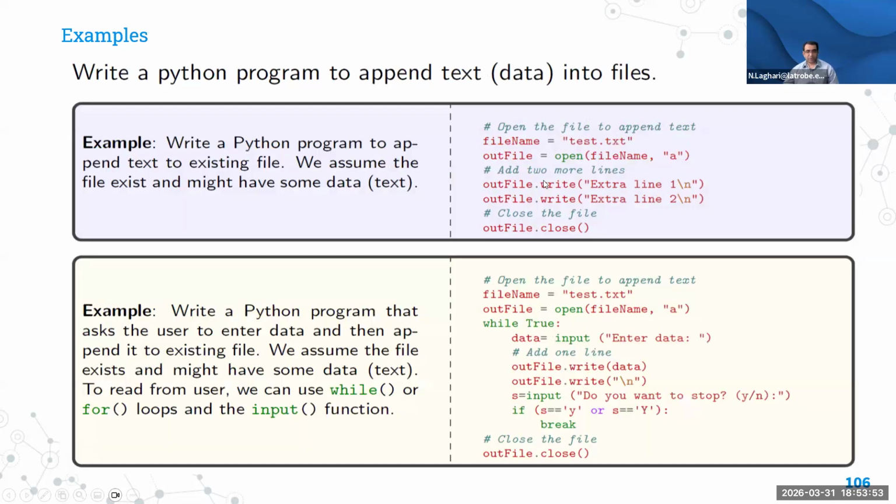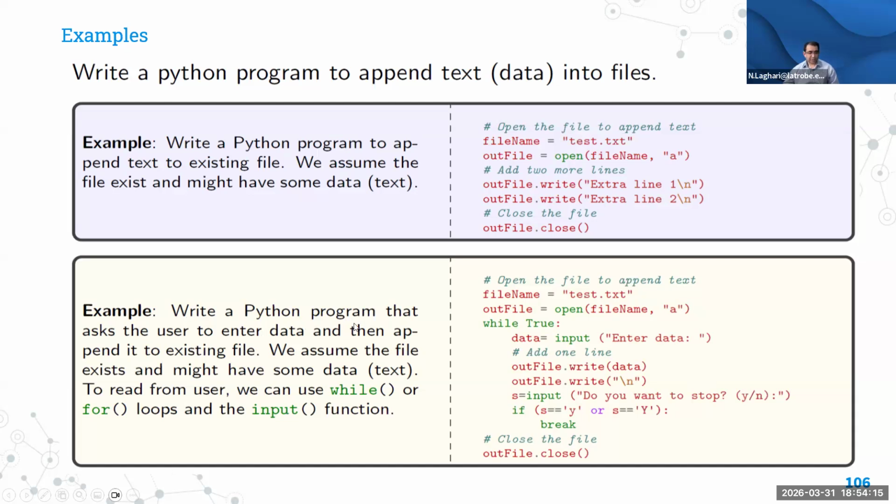Write a Python program to append text data. For appending, we open the file in the A mode, append mode, and the output file is the file object. So you keep writing, and that's how you keep adding more data to it. Okay.